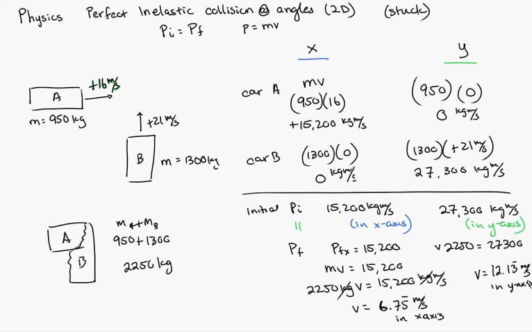So after the collision, this object is moving Vy is equal to 12.13, and then moving this direction, the Vx, which is 6.75. And we will combine them. So we have one leg of a right triangle, other leg of a triangle, so we want to find this one.